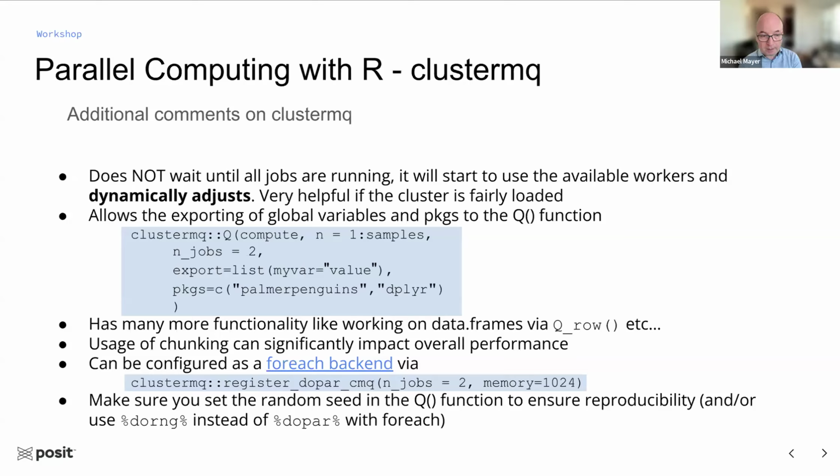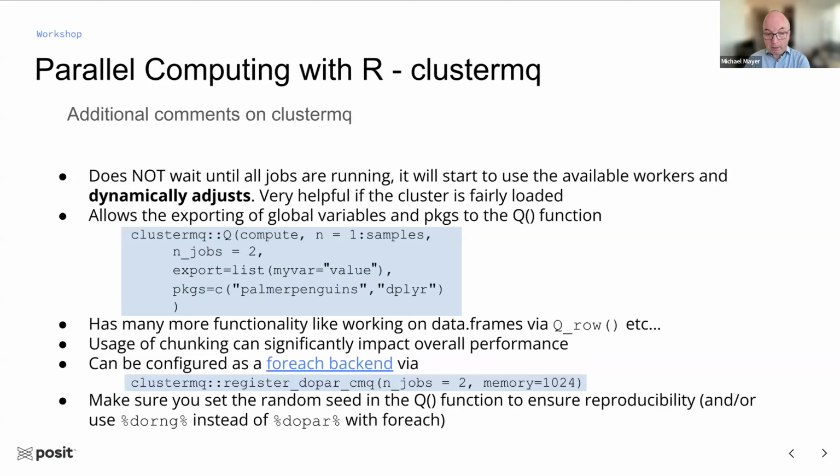You can do that via the export function here. And likewise, you also can export names of packages that you want to use in the compute function. That's what I have written here via the pkgs parameter.